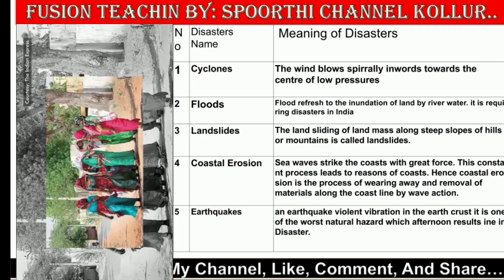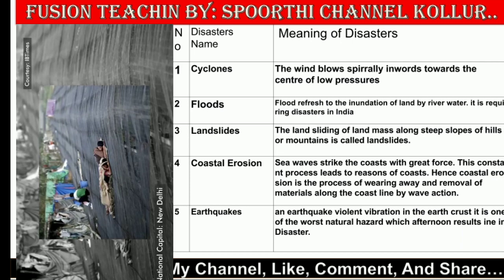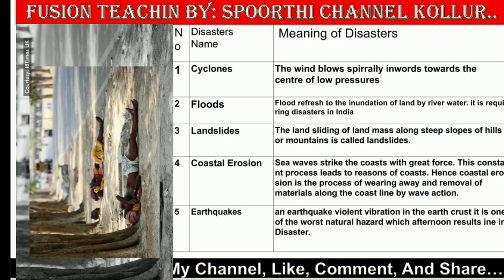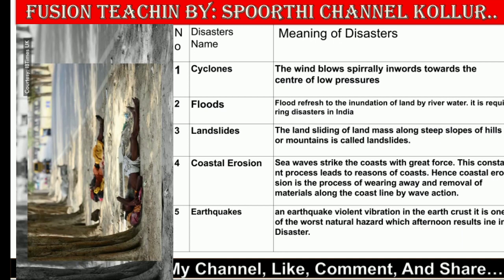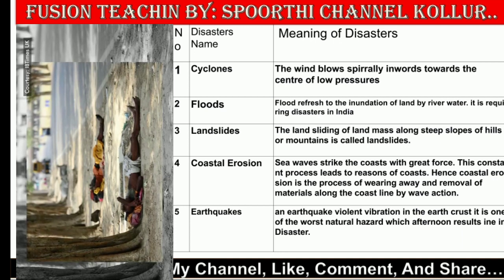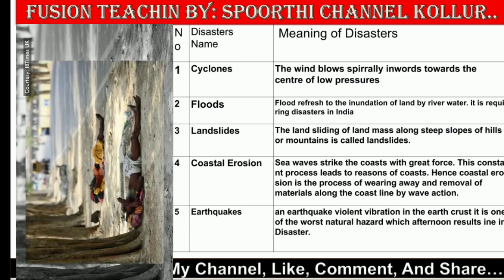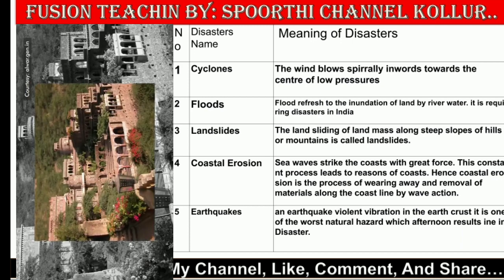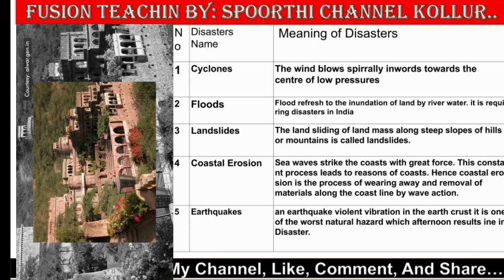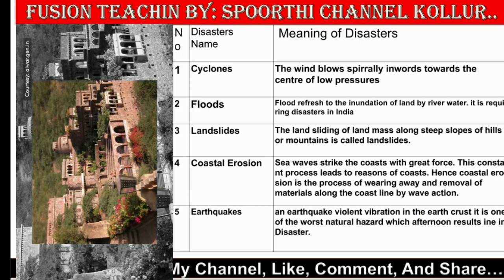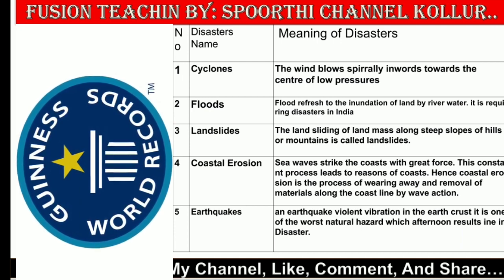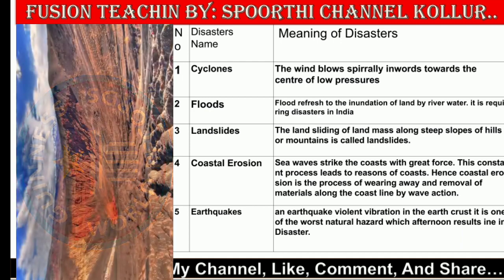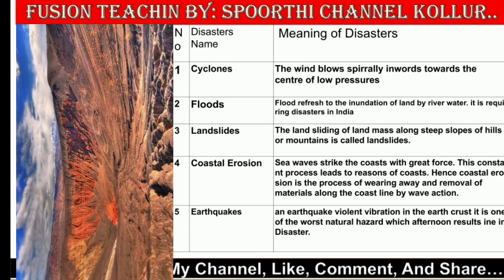Fourth one, coastal erosion. Sea waves strike the coasts with great force. This constant process leads to erosion of coasts. Hence, coastal erosion is the process of wearing away and removal of materials along the coastline by wave action.